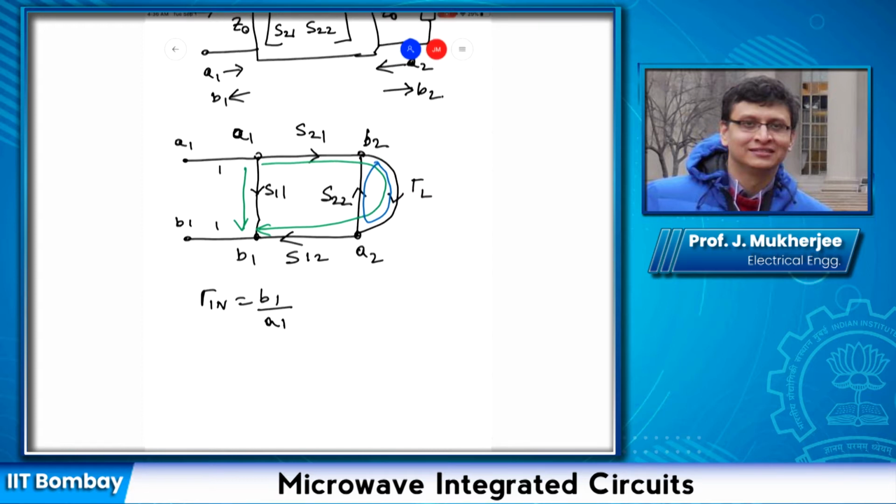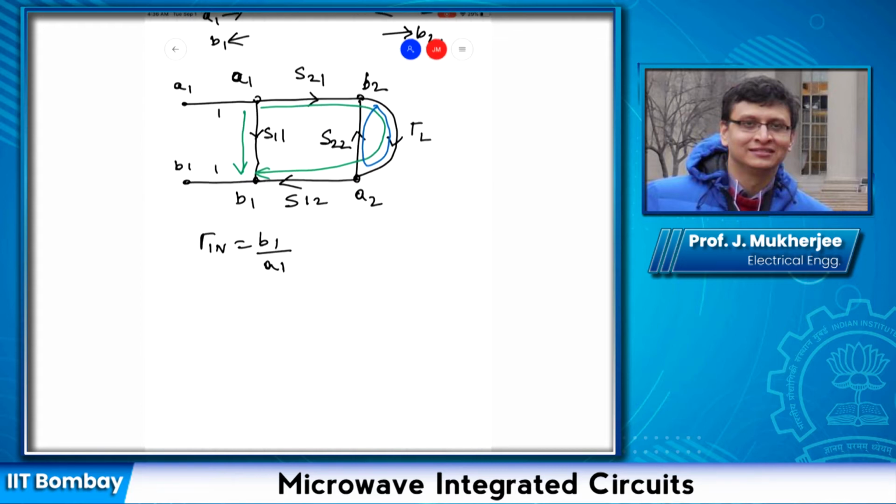Now, in order to find this ratio, there's something called Mason's rule. So Mason's rule is given as the gain, if I represent by T, then that is equal to, now here Pk is the gain of the kth forward path.